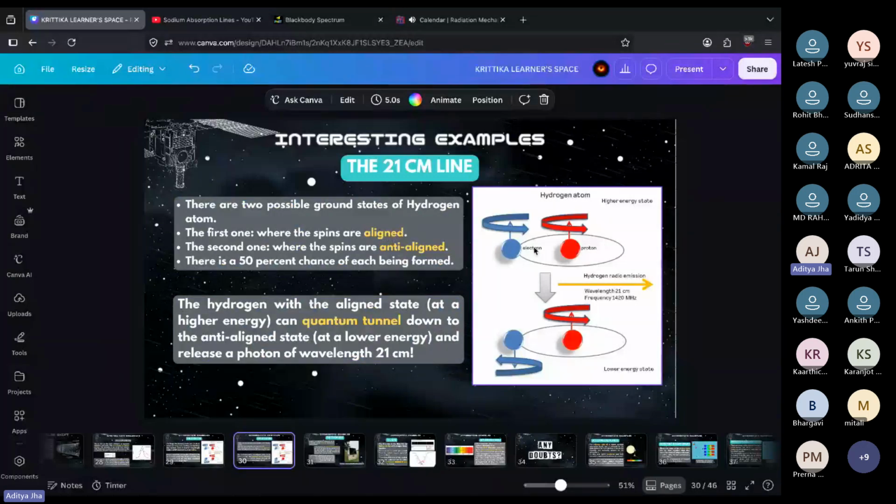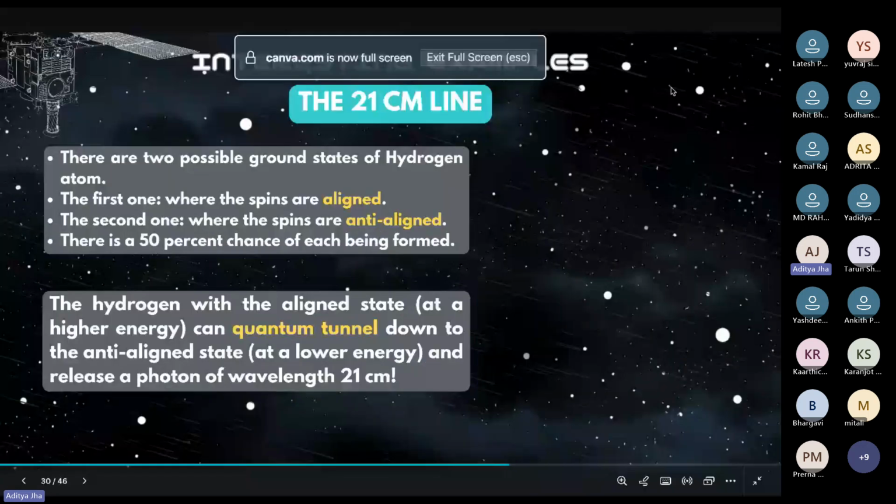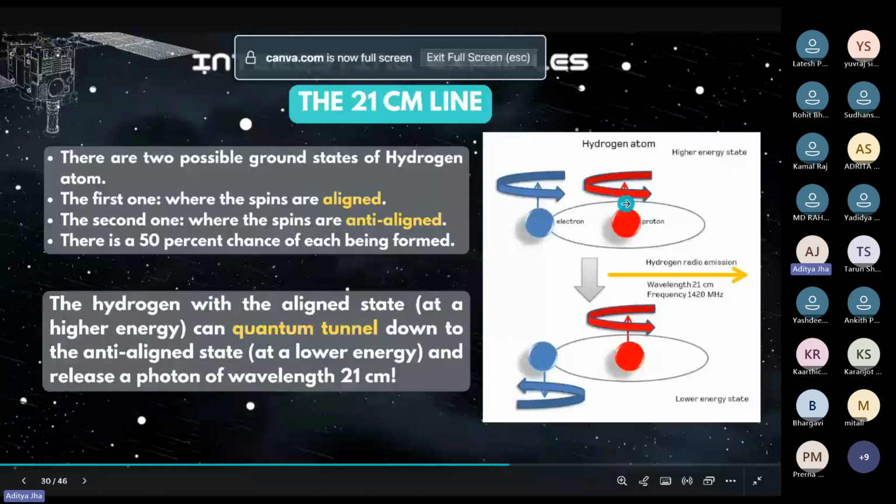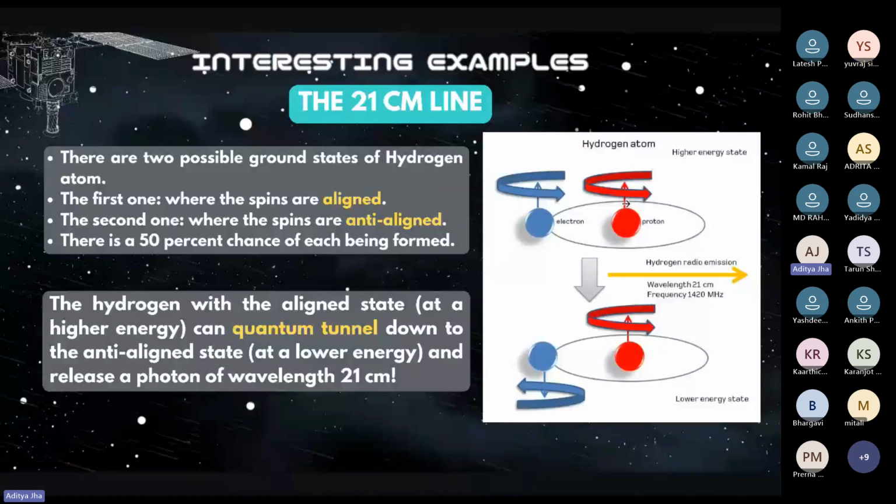The hydrogen atom in its ground state has two possible ways it can exist. The electron and the proton each have a spin value associated with them. This comes from quantum mechanics, that all particles have a spin value. There are two ways this ground state can exist: one where the spin of the electron and the spin of the proton are aligned, and one where they are anti-aligned, in opposite directions.